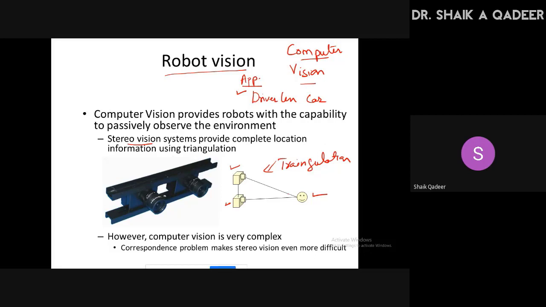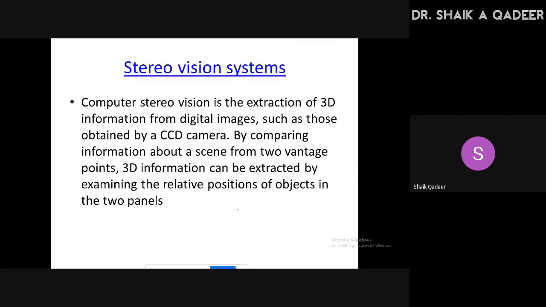So we try to see this object from two different visions. The type of camera which we use in stereo vision is a CCTV camera, a CCD camera. This extracts 3D information from the digital camera. By comparing the information from a scene of two vantage points, 3D information can be extracted. The conclusion is that we want to extract 3D information.